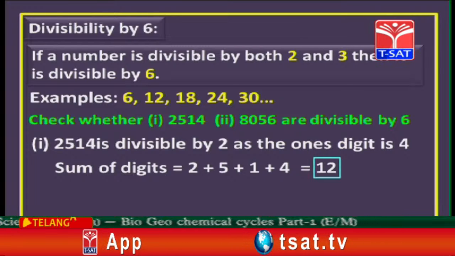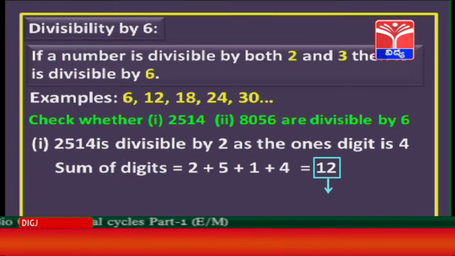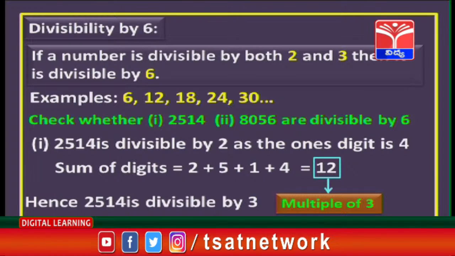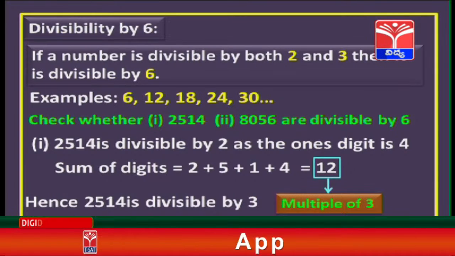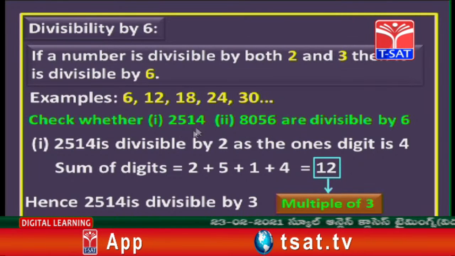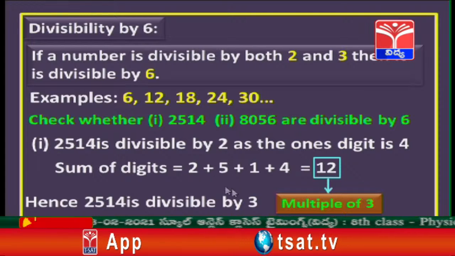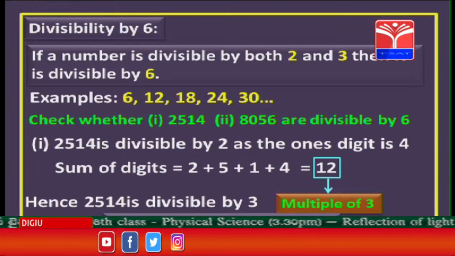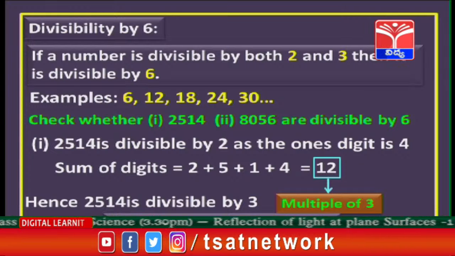Now, is 12 a multiple of 3 or is it divisible by 3? Yes, it is divisible by 3. That means, I can say 2514 is divisible by 3. Now, if you notice, this number, 2514, is divisible by 2 as well as by 3. Hence, I can say that 2514 is divisible by 6.